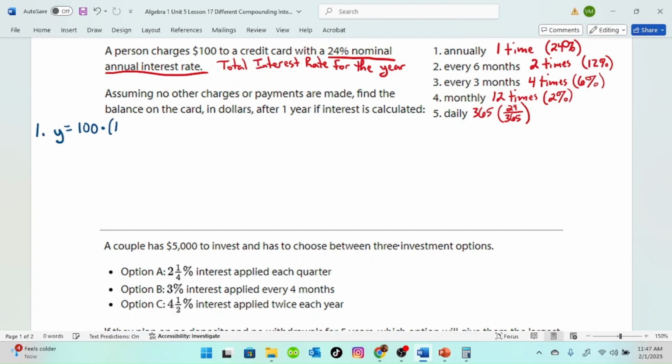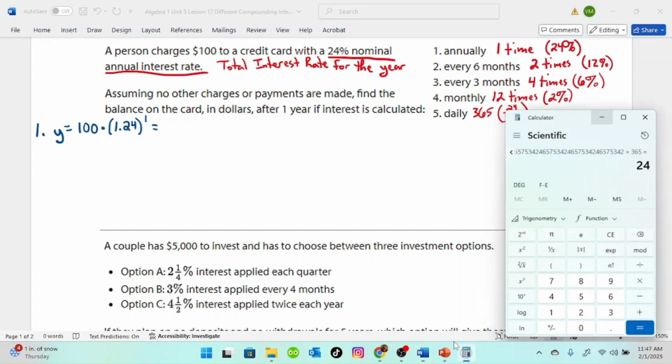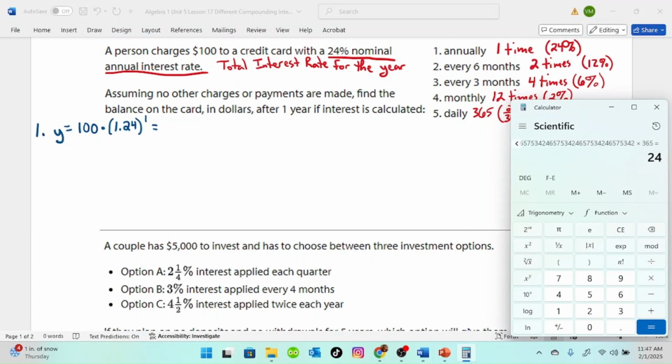We maintain the 1 to keep the current value, and then have the 0.24 to represent the 24%, and the exponent is once, because we're charging annually, so we're charging 1 time.